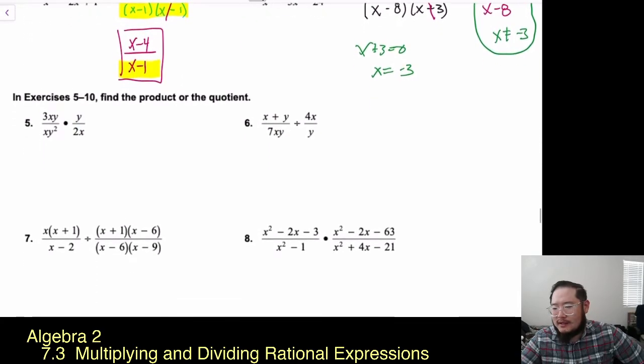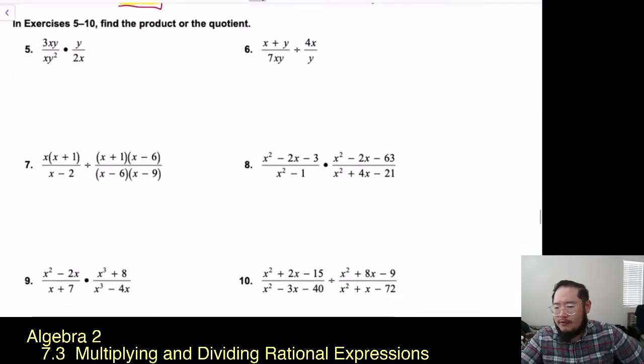All right, moving on. Let's take a look at number 5. We are multiplying, finding the product. You can multiply straight across, but what might be easier is to start cross-canceling or reducing before you multiply straight across.